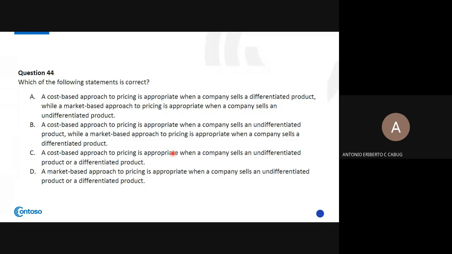Okay, I'll give you a minute or two. Which of the following statements is correct? We'll give you 1 minute more.